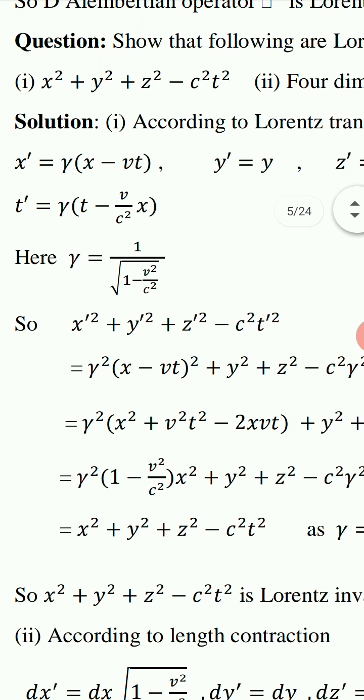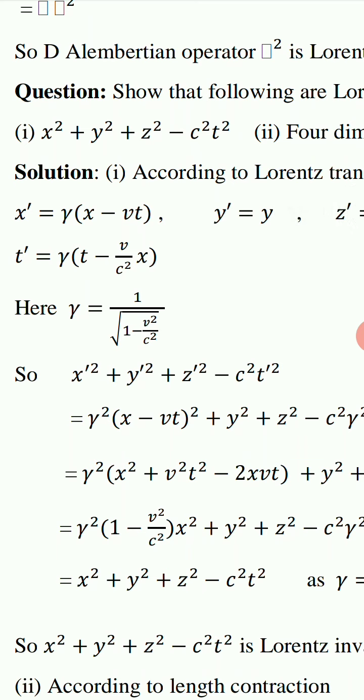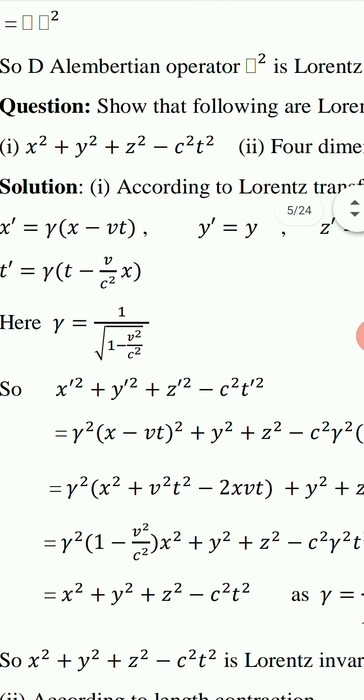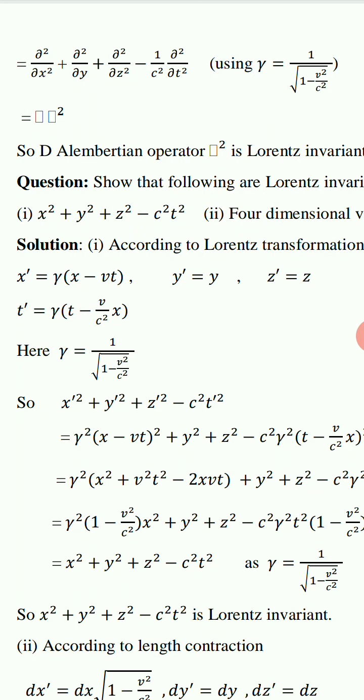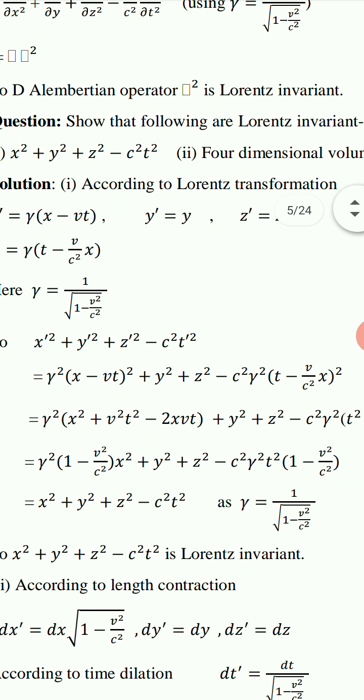Then we write this term in S dash frame. In S dash frame, this term becomes x dash square plus y dash square plus z dash square minus c square t dash square. Substitute the values of x dash, y dash, z dash and t dash from the Lorentz transformation equations. We get this relation.